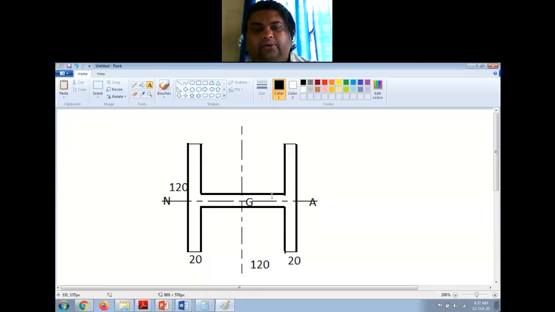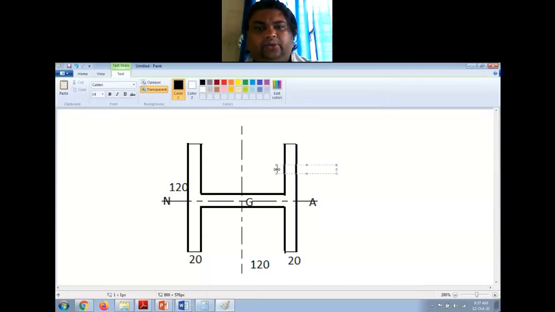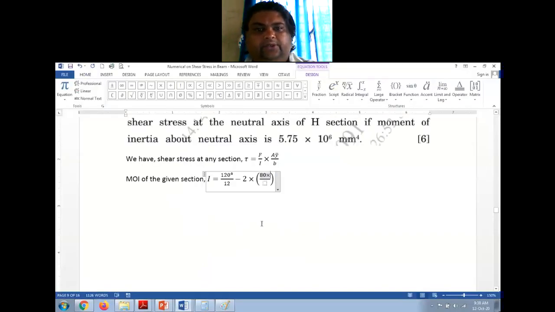So half will be on the upper side of the neutral axis and half will be below the neutral axis. So 60 minus 10. So this will be 50 millimeters. Depth is 50 millimeters. So into 50 cube by 12.